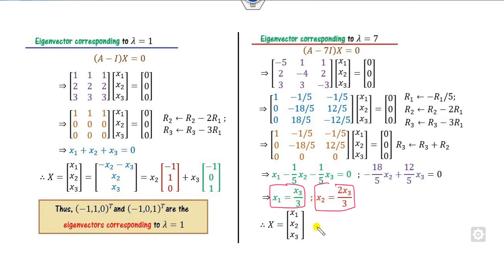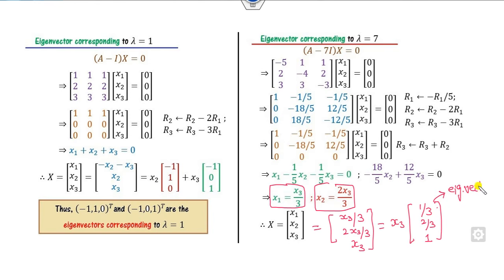So you get x1 in terms of x3 and x2 in terms of x3. Substituting, x1 is x3 by 3, x2 is 2x3 by 3, and x3 is x3. So there is one unknown variable. We can write this with x3 outside: 1 by 3, 2 by 3, 1. So this is my eigenvector corresponding to lambda equal to 7.